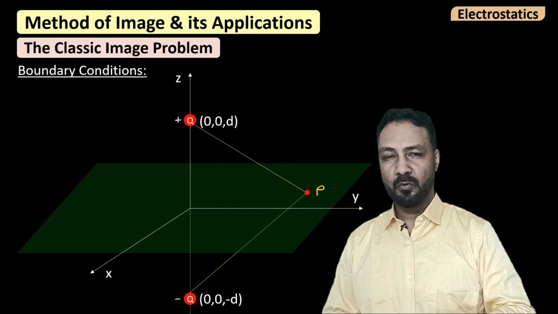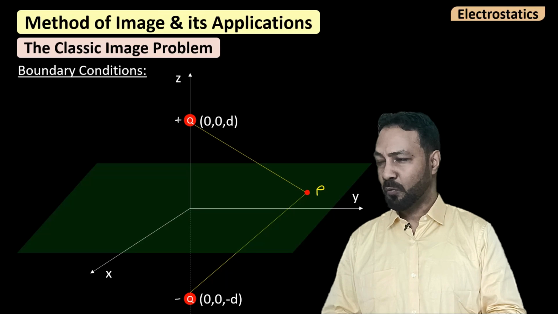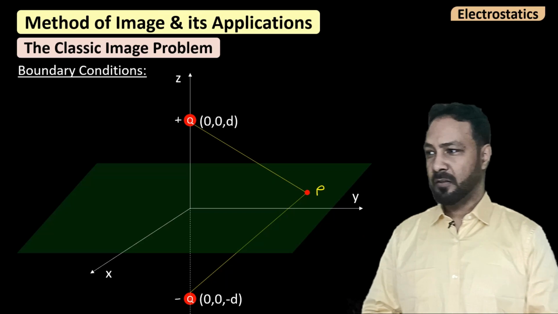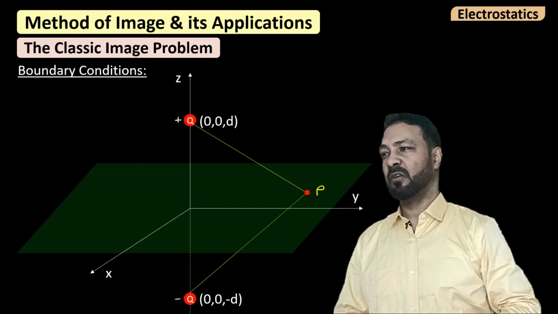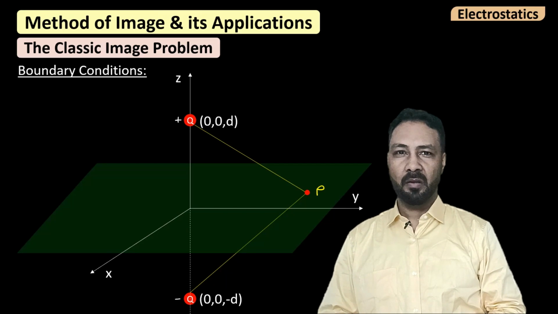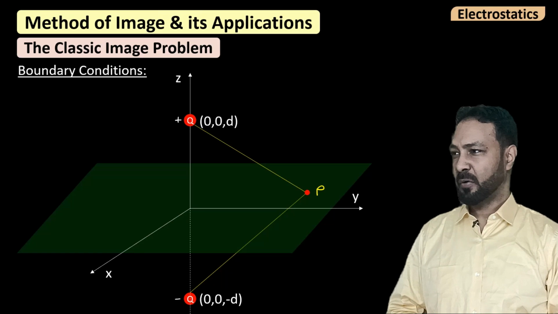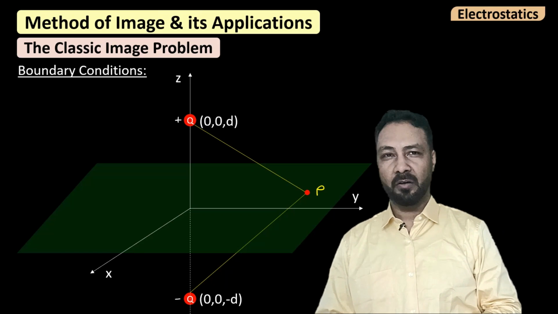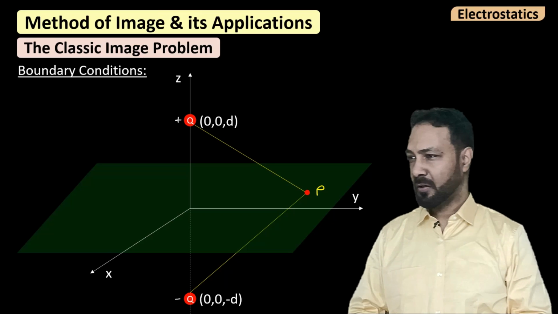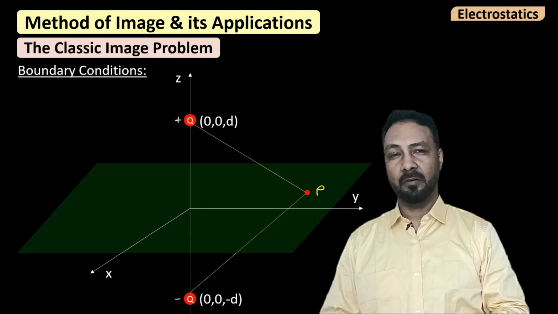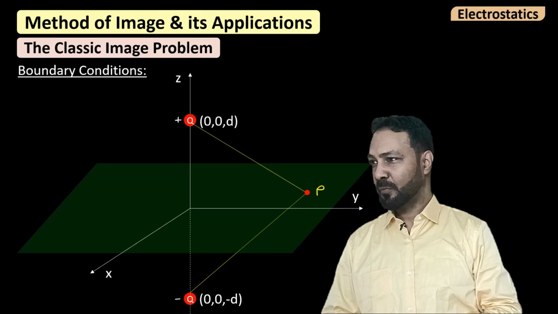And obviously this distribution is a kind of dipole whose length is 2d. If we look from far away, this dipole will appear to be a very short dipole. At a very far away point from a dipole, the magnitude of the electric field is kp by r cubed times the square root of 3 cos squared theta plus 1. There is an upper limit, and as r tends to infinity, that will be 0.